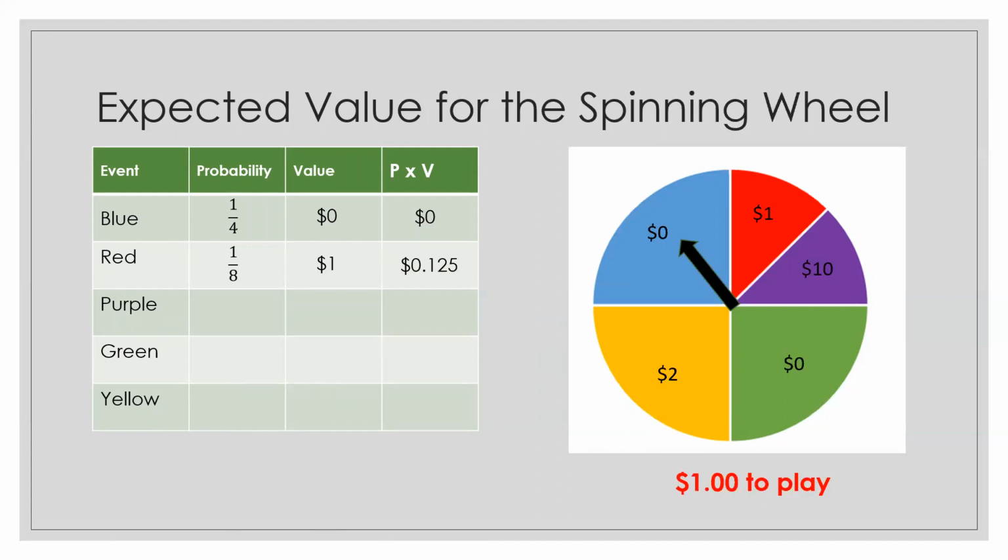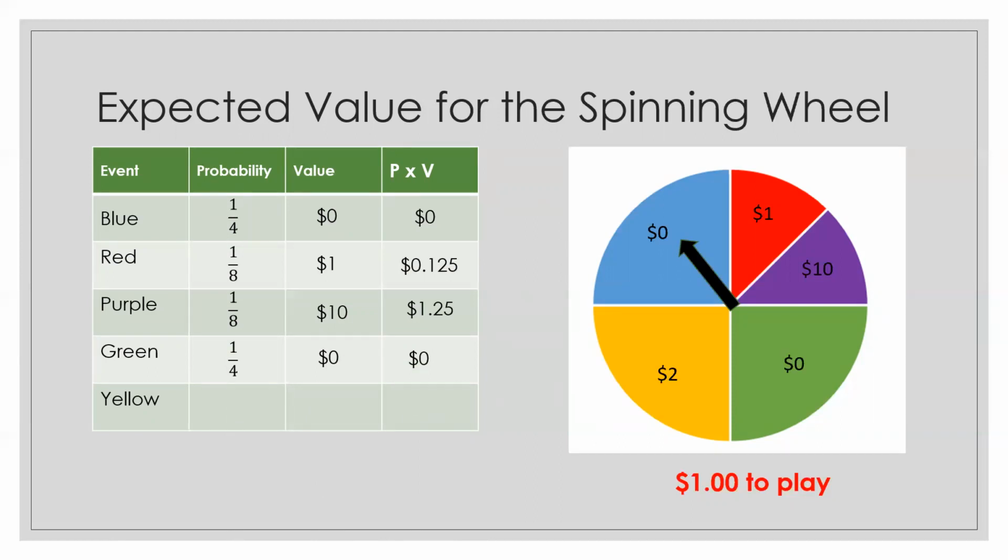Then the purple also is 1/8, and the value of that is the whopping $10, so let's hope we land on purple. 1/8 of $10 is $1.25. Then the green gets you $0, so when you multiply the probability, you get $0.